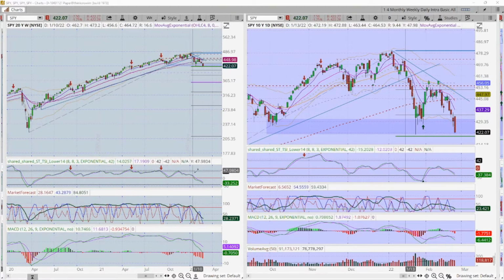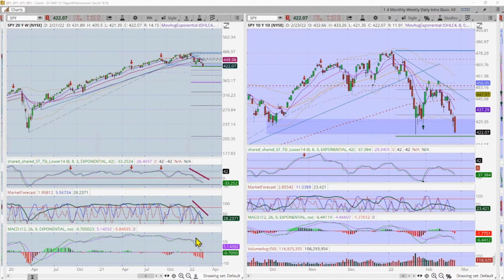On these longer term charts, take a look at the momentum indicators. And I show 3 of them here. The TSI, the market forecast, which is only available on the Thinkorswim platform. And I threw in the regular MACD with a histogram because it reflects kind of a combination of the two. And as you can see, on every one of those, what's going on?